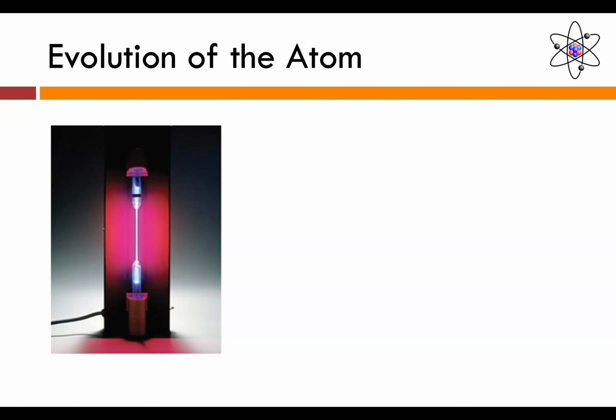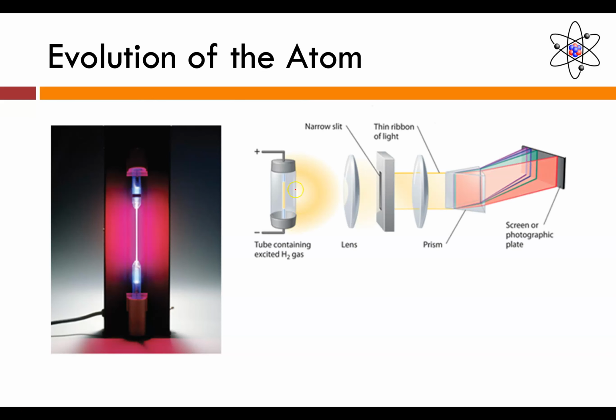If you felt like I moved through that a little too quickly, don't worry, we'll be revisiting it in just a couple of slides. So again, we've got our tube containing excited H2 gas. That just means that we've passed an electrical current through it. It's going to give off light, much in the way light's being given off here. We're going to take that light, we're going to pass it basically through a narrow slit, through a prism, which will serve to split the light into its different components.